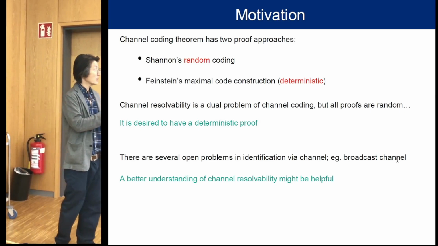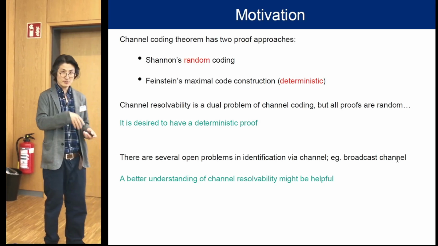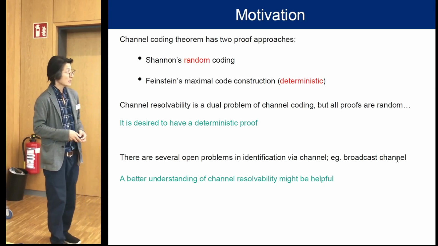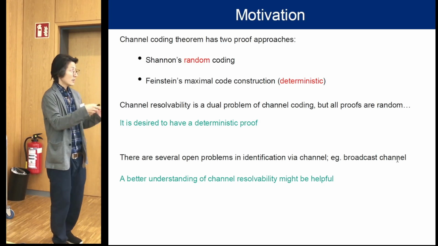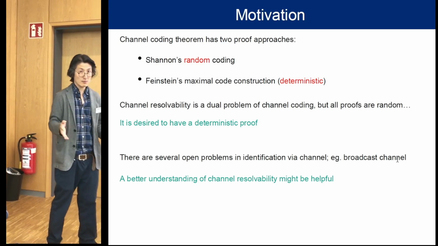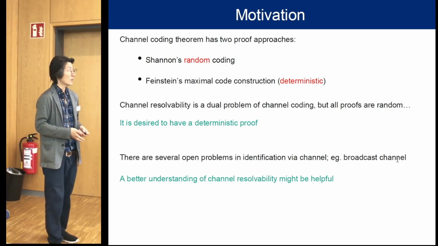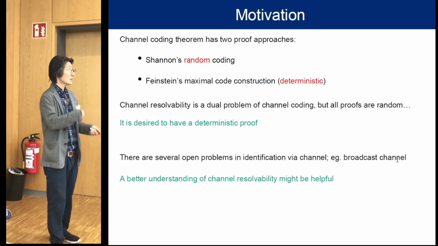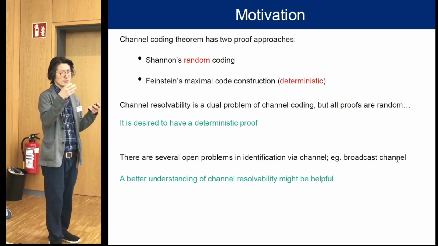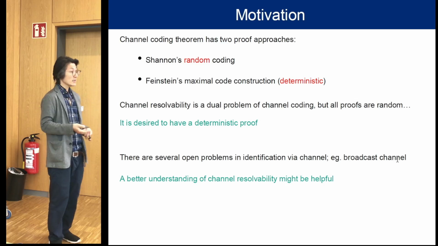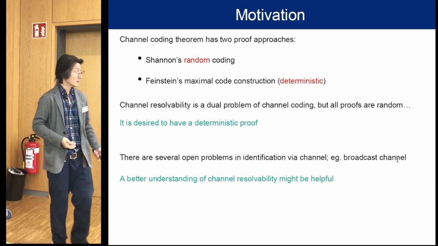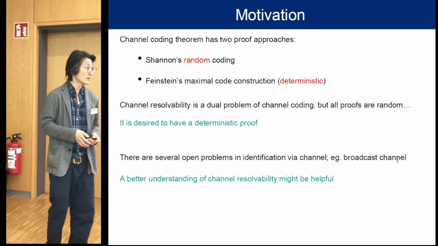As I said, channel resolvability is a kind of dual problem to channel coding, but existing proofs are based on random coding. So to understand channel coding and channel resolvability better, it is desirable to have a deterministic proof for this problem as well.